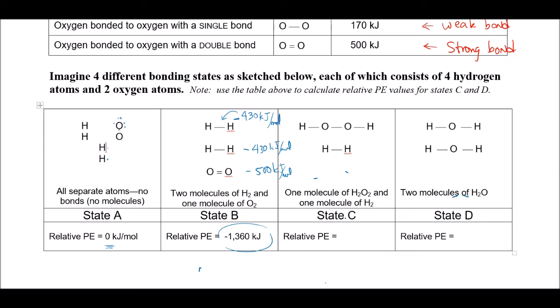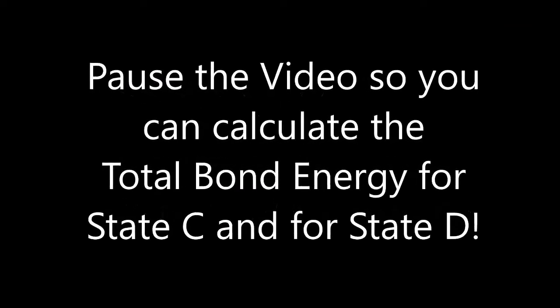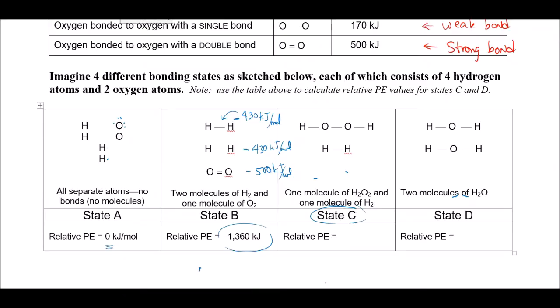So why don't you try state C? Try state C, calculate the bond energy. I'll show you the answer in a minute. All right, so what do I see here? I see an OO bond, that's 170, negative style.